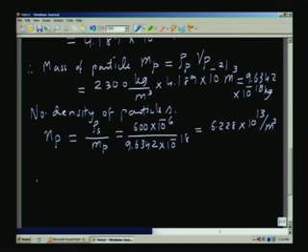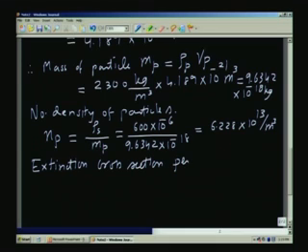So, the extension cross section we can calculate now on a per particle basis. It is simply given by sigma, the extension coefficient per particle, which is beta, which is per kg, multiplied by the mass of each particle.